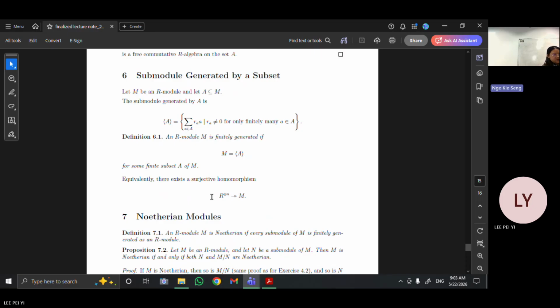And so the next definition, a module M is finitely generated if M is generated by A for some finite subset A in M. So finite generation means finitely many elements generate the entire module, and equivalently there exists a surjective homomorphism R^n to M, and thus a finitely generated module is a quotient of a free module.